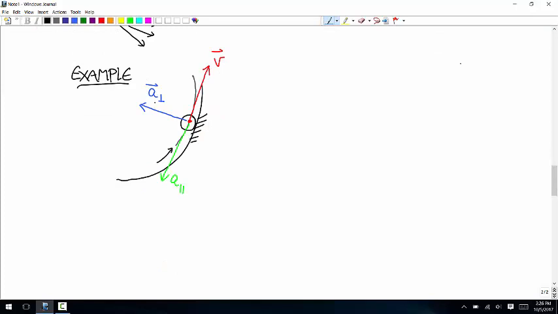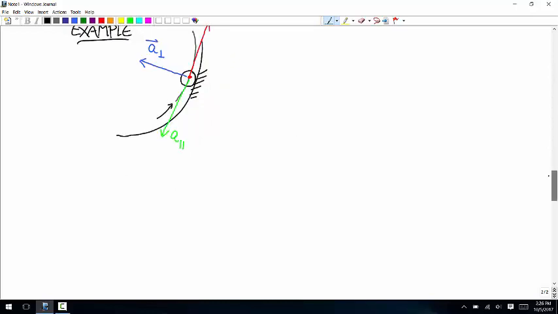And so if you add up a vector going in the green direction and a vector going in the blue direction, it can be that way or anything in between. So those are the possible directions the acceleration can be.